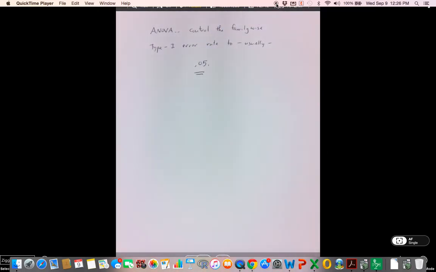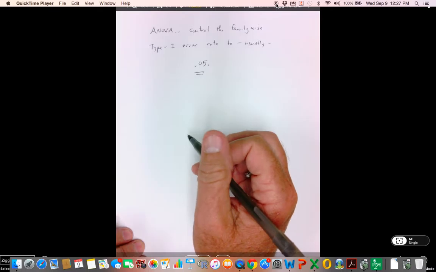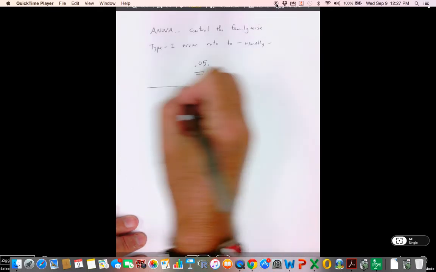We don't want any of this 0.18, 0.19, tripling the chance of committing a type 1 error. So again, what ANOVA does is it controls the family-wise type 1 error rate.